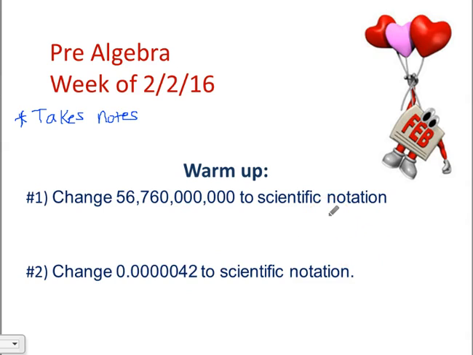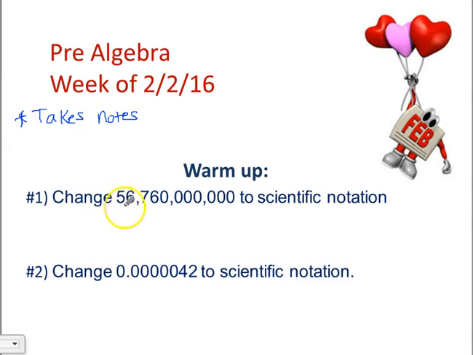As you're working on the warm-up, remember what the coefficient needs to be. There are special parameters or requirements that the coefficient needs to be between two numbers, so think that through. Go ahead and try these warm-up problems in your math notebook, and when you're ready to check your work with mine, go ahead and click play.